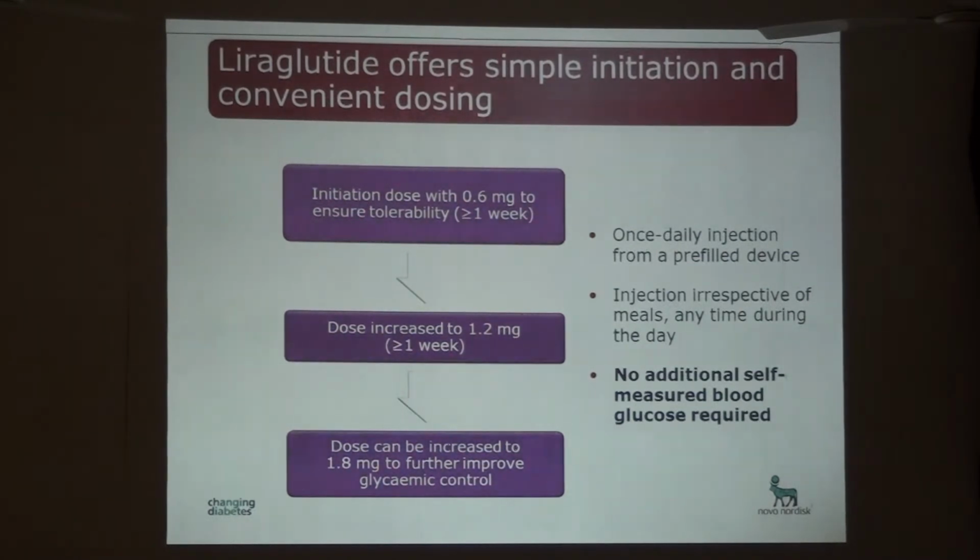Because there is such limited chance of hypoglycemia, you do not need to do your conventional SMPG, that is, self-monitoring of blood glucose. This is how Novo Nordisk tells you to up-titrate.